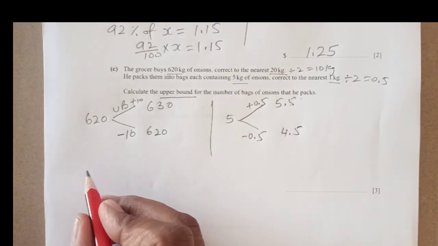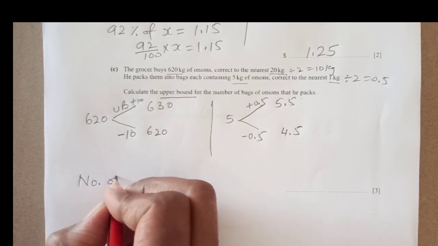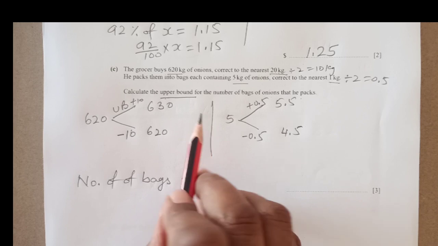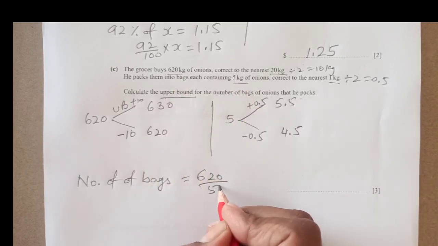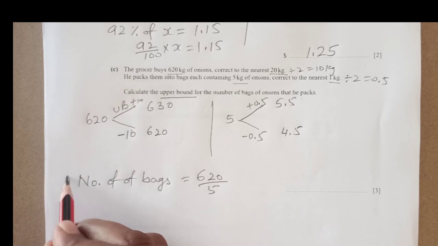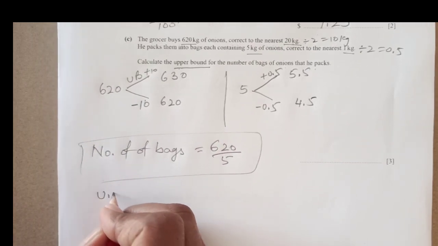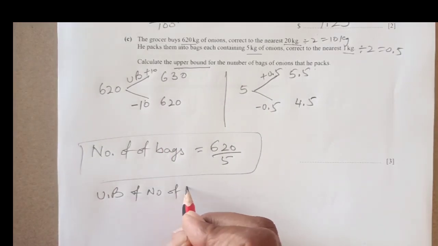So now we are looking for the number of bags. The number of bags is 620 kg divided by 5, right? But this is just the formula, and we are looking for the upper bound of the number of bags.